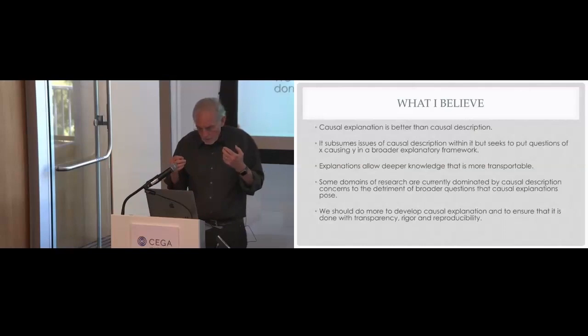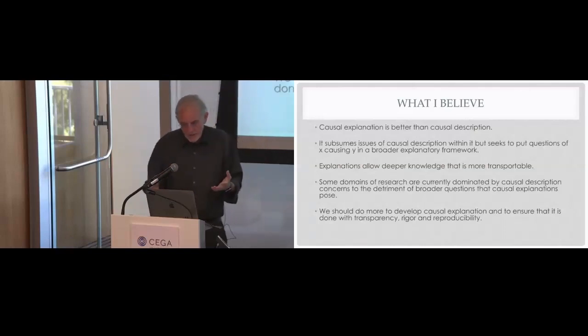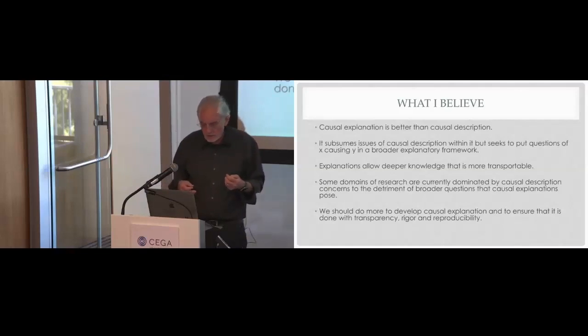Some domains of research are currently dominated by causal description concerns, and I think to the detriment of broader questions that causal explanations pose. It's not everybody who does this, but this causal description repertoire, which is beautiful, people like to show they can enact it.